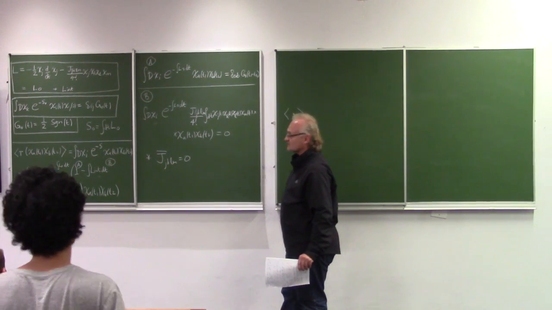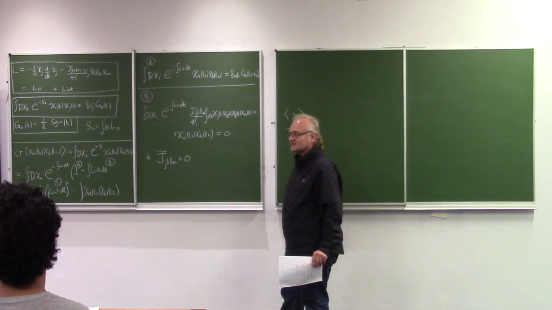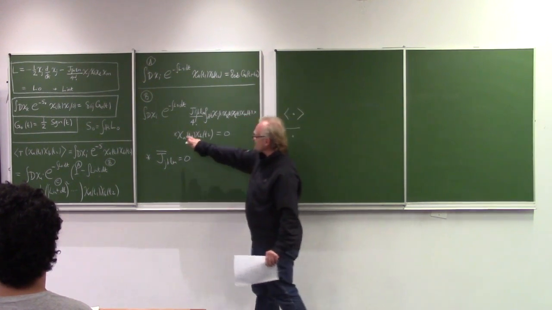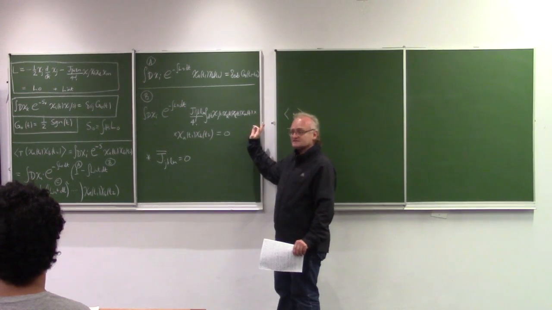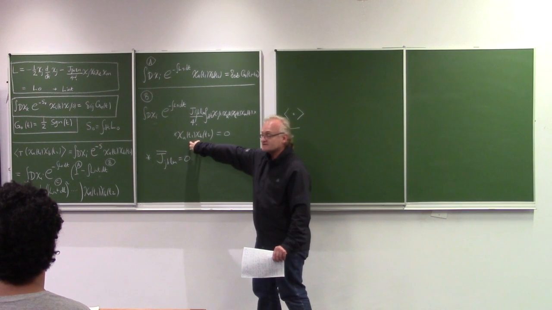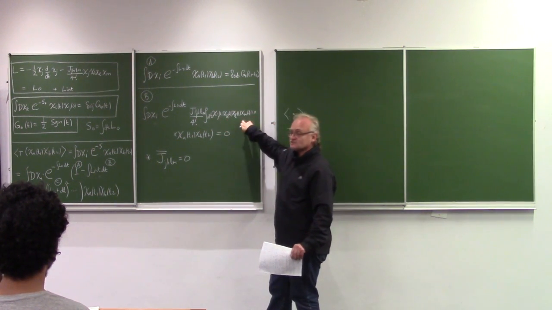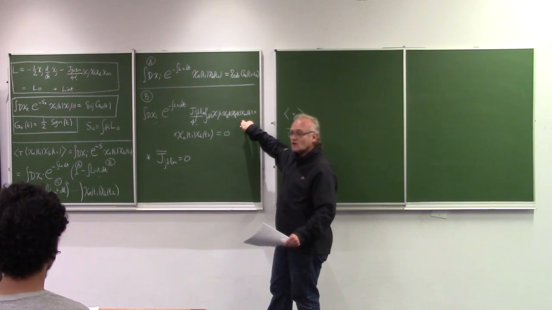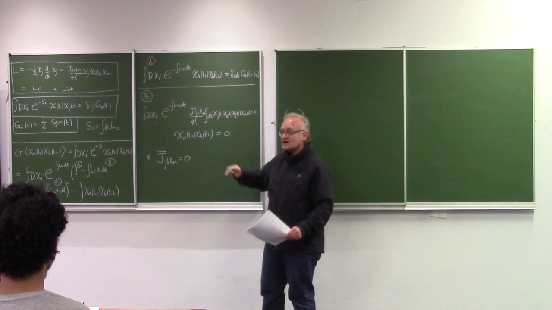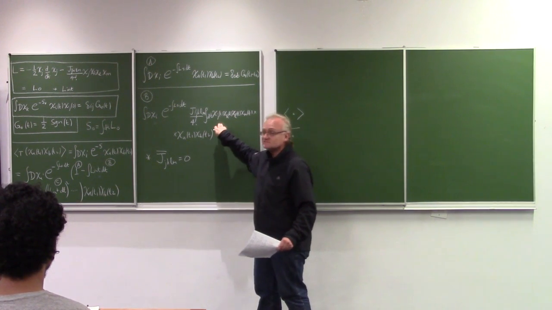You've got six chi fields there, so when you Wick contract, you're going to get a delta_kl maybe or something. Very good. So can you see that when I start to Wick contract the chi fields, I can contract these two chi's with each other. Then I have to contract two chi's here. That's going to say two indices equal to each other. That's going to vanish. Or I could try to contract one chi here, another chi here. I'm still left with two chi's. When I Wick contract those, it will still vanish.